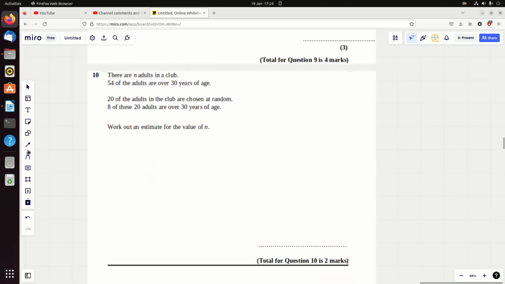Okay, there are n adults in a club. 54 of the adults are over 30 years of age. So 54 out of n are over 30. Now 20 of the adults in the club are chosen at random. 8 of these 20 adults are over 30. So you can assume, this is kind of like capture-recapture questions, that those 8 20ths should be in the same fraction as 54 over n. So we could write the equation out like that.